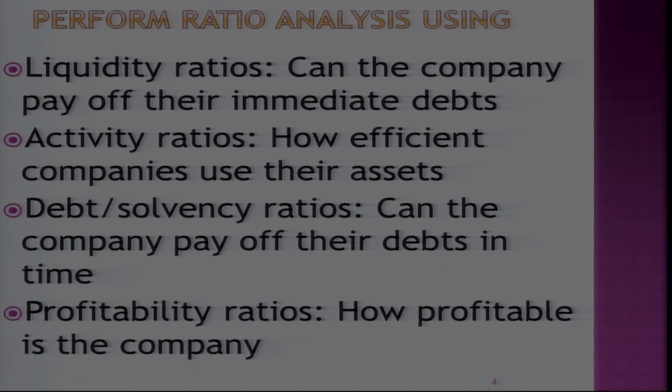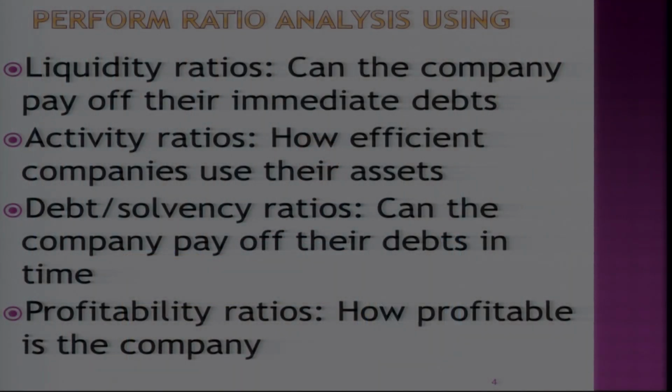For any owner of a business, if you buy a machine and you've paid a handsome sum for it, you want to know if they're using the machine to its full capacity, because if not, then you've basically wasted money. Solvency ratios measure, can the company pay off their debts in time? And then profitability ratios basically determine how profitable a company is.